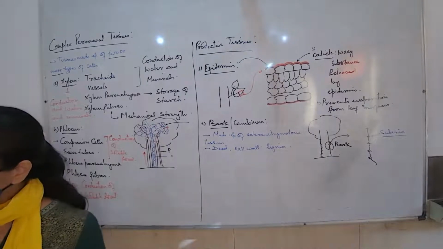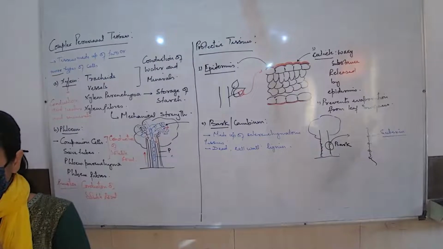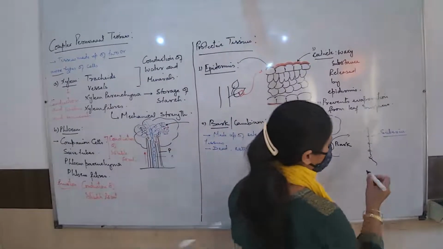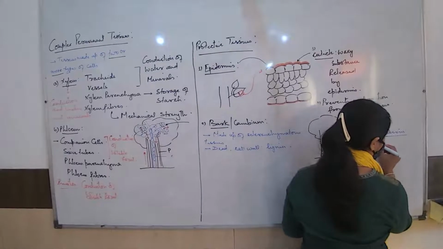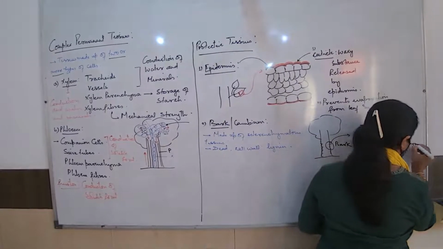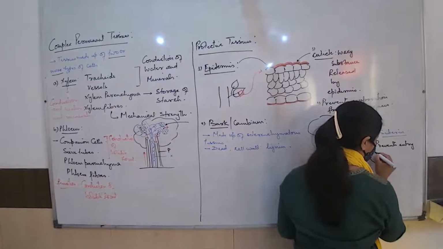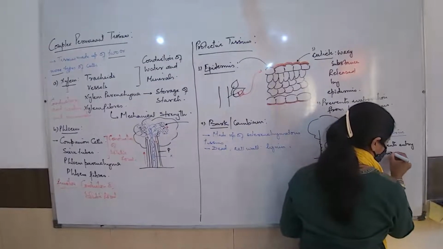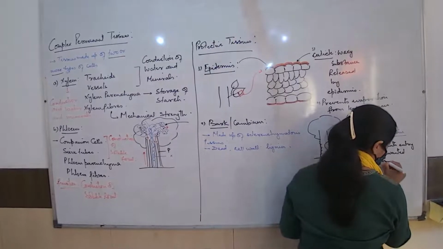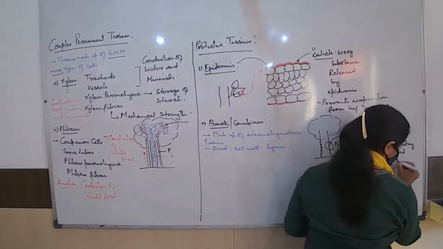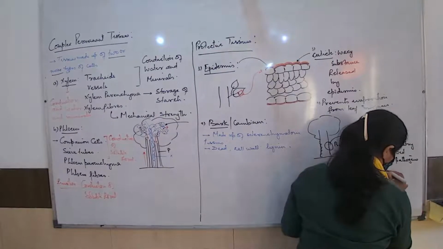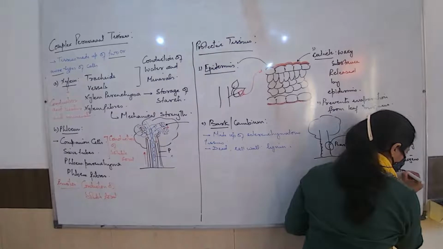Suberin is a comparatively waxy substance, and it prevents the entry of unwanted substances, pathogens and germs. That is the first function of suberin.